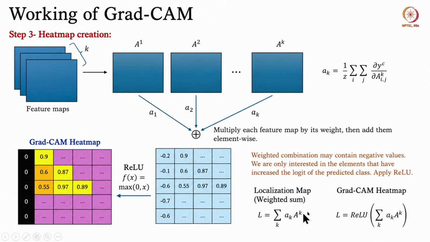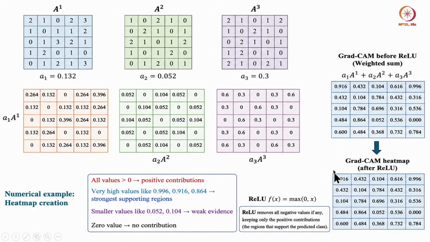Once you do this, you also have to pass it through ReLU. So this is the feature map which we obtained by multiplication and then addition of all: 0.2 plus 0.05 plus this 6.